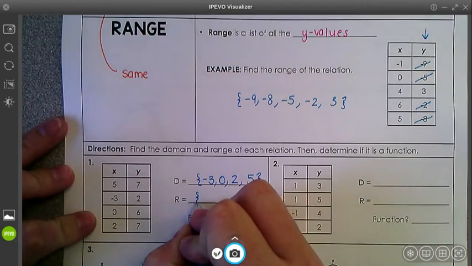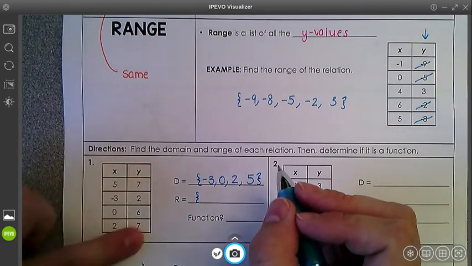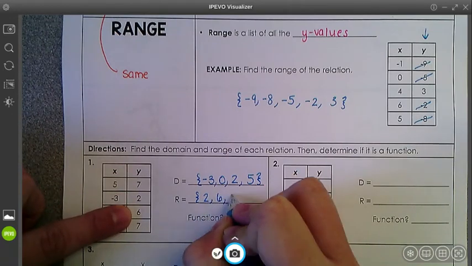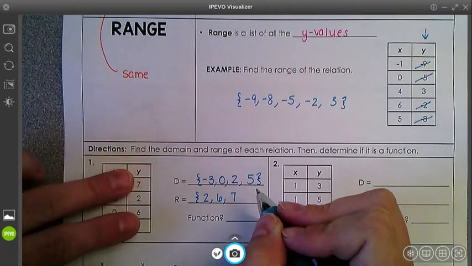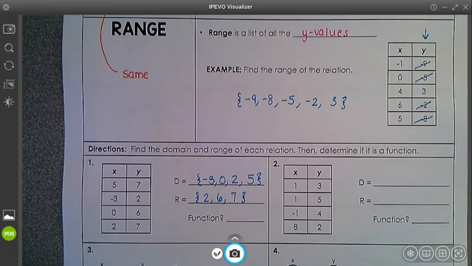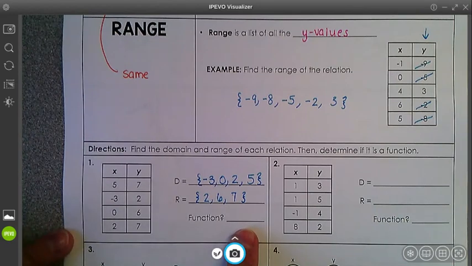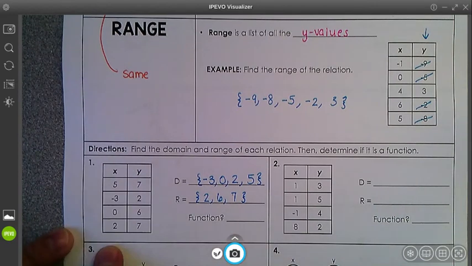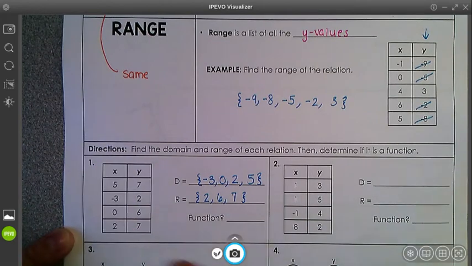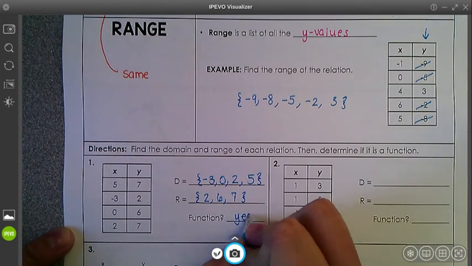The range, the smallest number of my y's is 2, 6, 7. I have two 7s, but I don't need to write them twice. Once will do. And then, is it a function? Well, we look at our x values. Since they're all different, none of the x's repeat. Yes, it's a function.